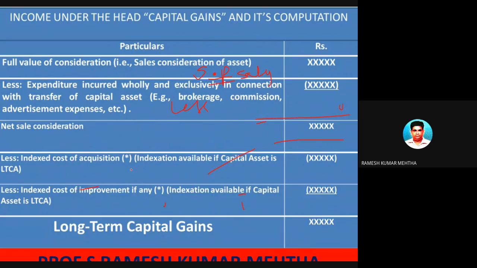From that you deduct indexed cost of acquisition and indexed cost of improvement. I will explain the concept of indexed cost of improvement in the session today. From the net sales proceeds you reduce these two costs, and you will get the long-term capital gain or long-term capital loss.